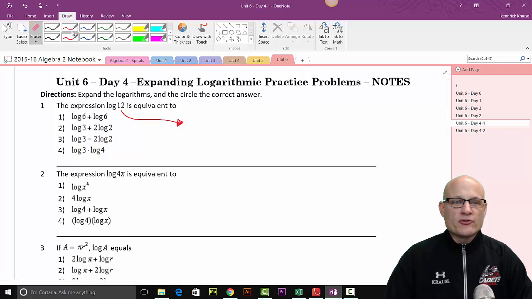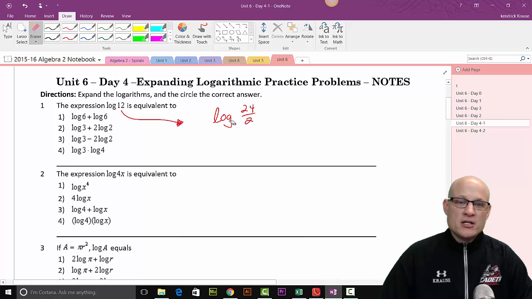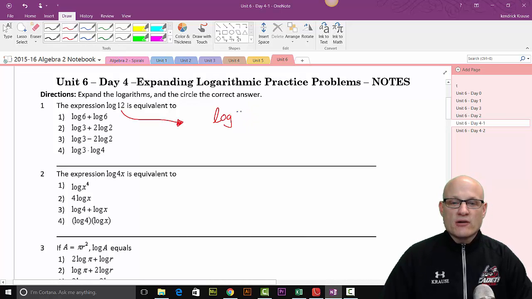I could rewrite this as the log of 24 over 2. That'd be 12, but I don't have a 24 in my problem, so that's kind of dumb. So let's try 3s and 4s. How about the log of 3 times 4? Multiplication turns into addition, so this is the same as the log of 3 plus the log of 4.